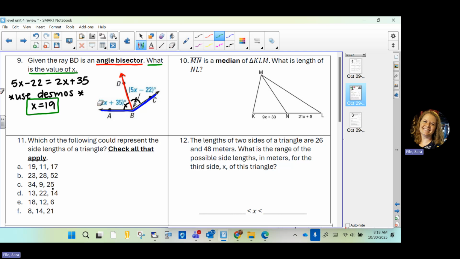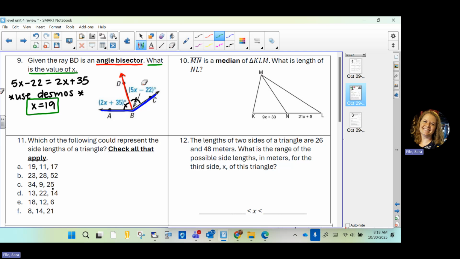I would plug it back into these expressions. I would do 2 times 19 plus 35 to get ABD. Or I would do 5 times 19 minus 22 to get DBC. What if they wanted ABC, the whole big original angle? I'd have to add those together, wouldn't I? Once I found those individually.